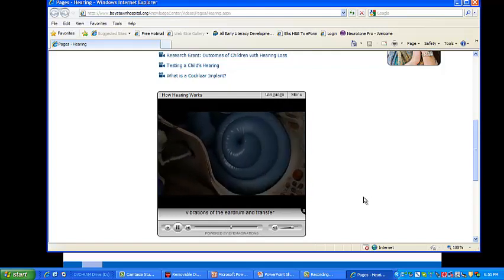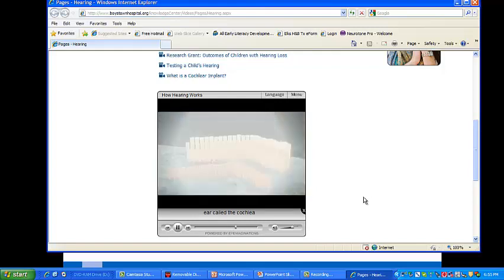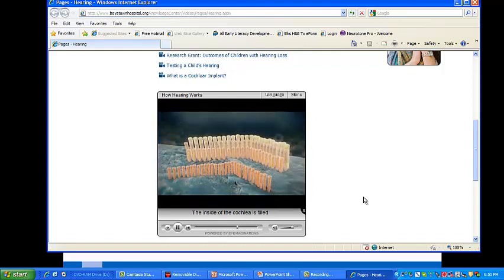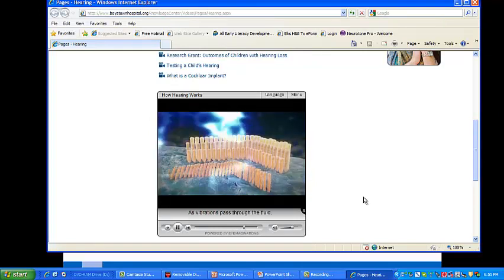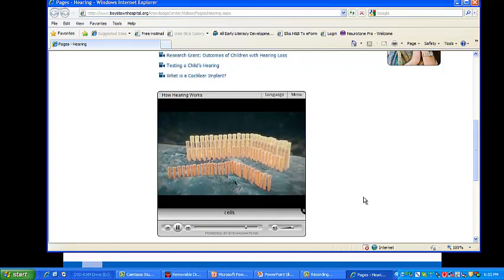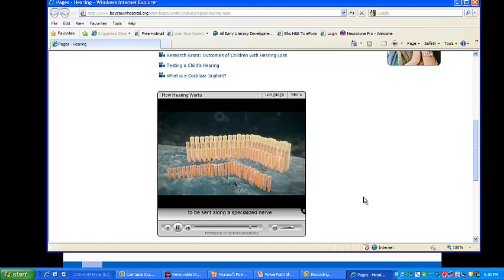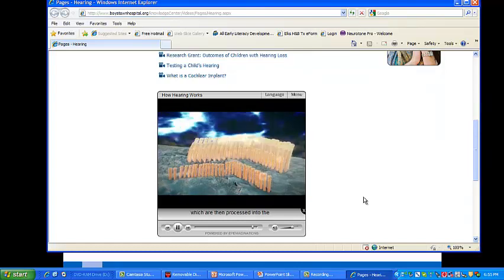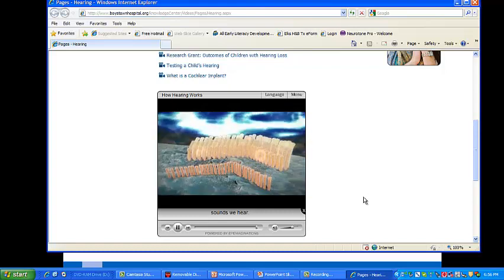These bones further amplify the vibrations of the eardrum and transfer them to a sensory organ in the inner ear called the cochlea. The inside of the cochlea is filled with fluid and lined with tens of thousands of tiny hair cells. As vibrations pass through the fluid, it causes movement of these hair cells. This motion causes electrical signals to be sent along a specialized nerve, which are then processed into the sounds we hear.